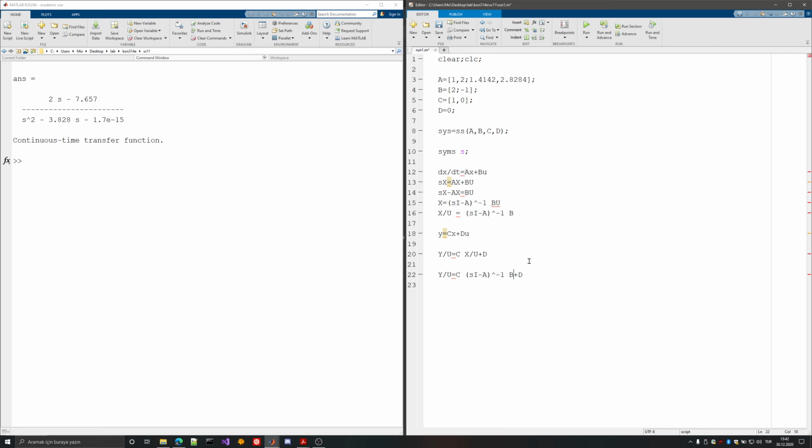I have to multiply C with the (sI minus A) inverse and B, and I have to add D. Because D is the direct coupling, it also shows here that it is just standing on its own. And I'm adding the output, then there's the input, and then there's the internal. So the input-output relation kind of makes sense that it looks like this.